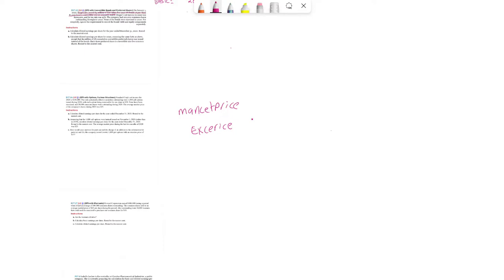Our exercise price is 15 and our market price is 25. Would we sell? In other words, we will be selling at 15 when the market price is 25. The market price is more than what we could sell it for, so we will not sell it because we don't want to lose money.